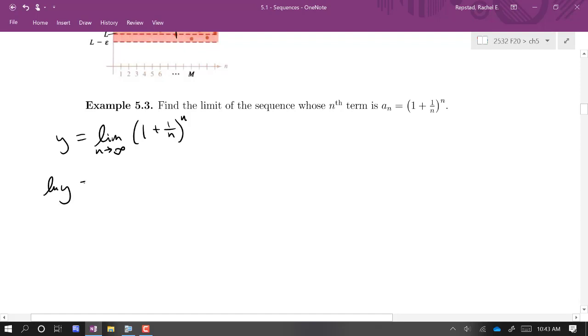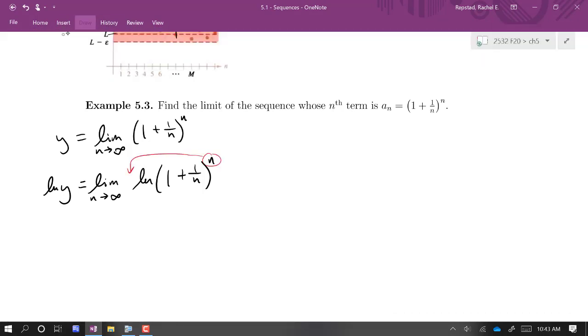So ln y is the limit as n approaches infinity of ln of 1 plus 1 over n to the n power. The whole purpose in taking the ln of both sides is that I can use the properties of logs. So I'm going to grab that n exponent and bring it down as a factor in front.